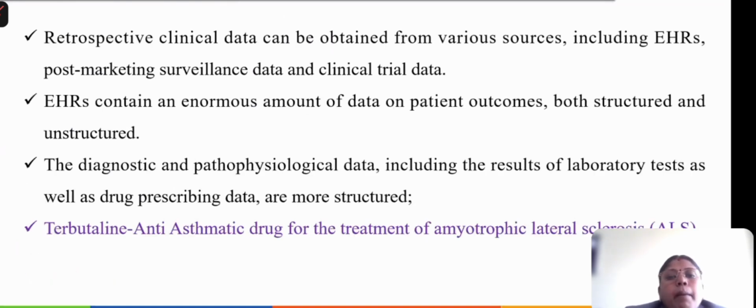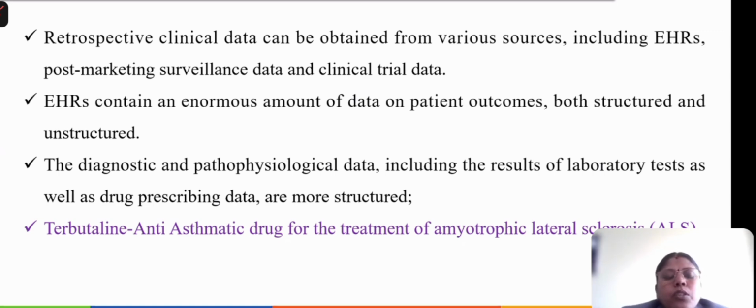And the fifth one is retrospective clinical analysis, using EHR, electronic health records. So the retrospective clinical data can be obtained from various sources, including EHRs, post-marketing surveillance data and clinical trial data. So the EHR contains an enormous amount of data on patient outcomes, both structured and unstructured.